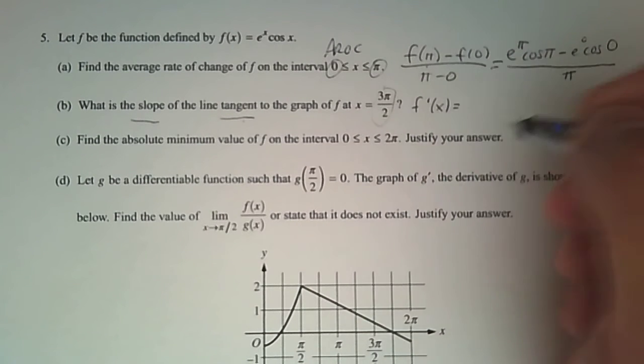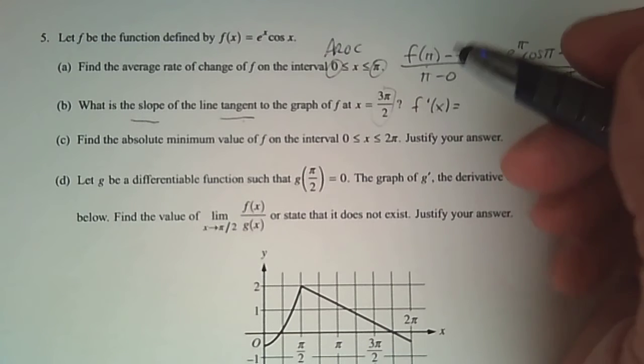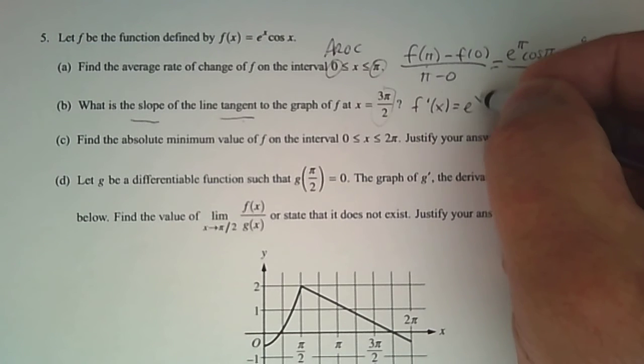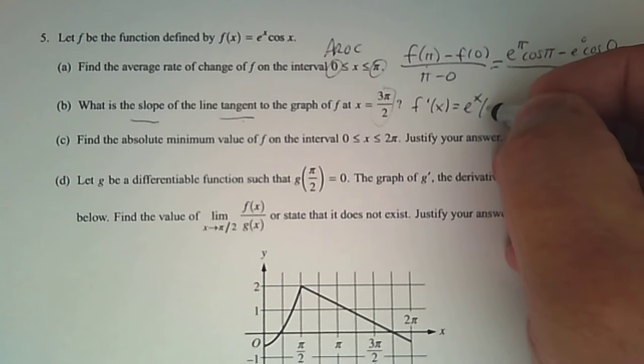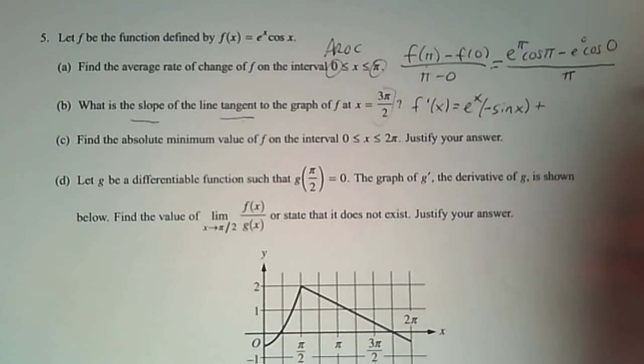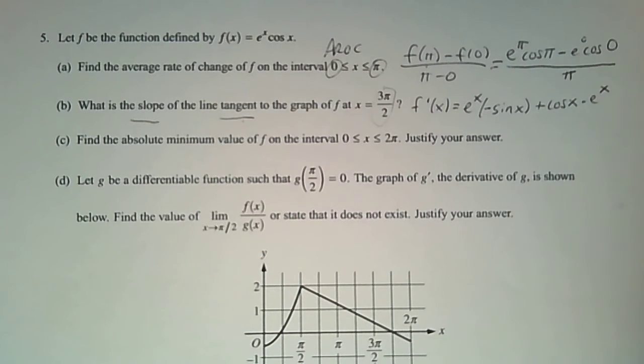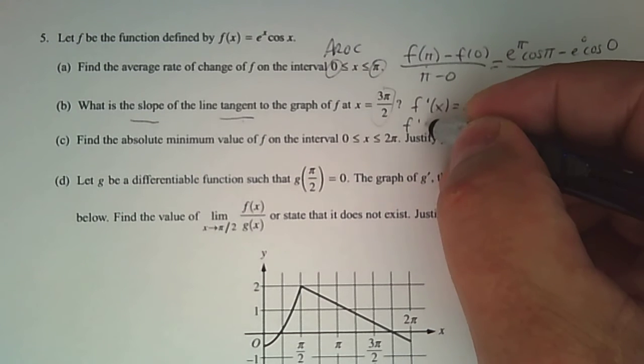So if I'm going to take the derivative of f at x, that's going to be the product rule. That is the first times the derivative of the second, and the derivative of cosine is negative sine, plus the second times the derivative of the first. Now I'm going to substitute in. So what's the derivative at 3 pi over 2?